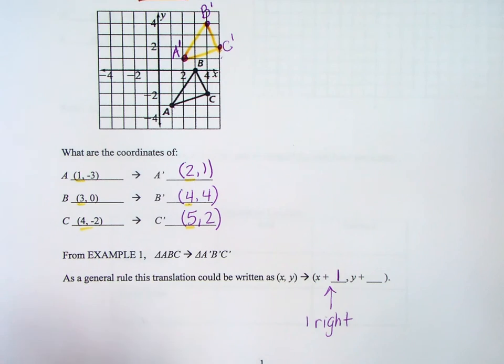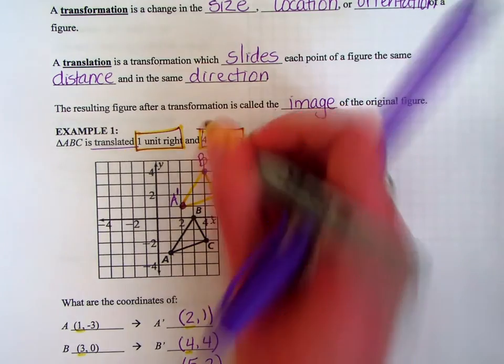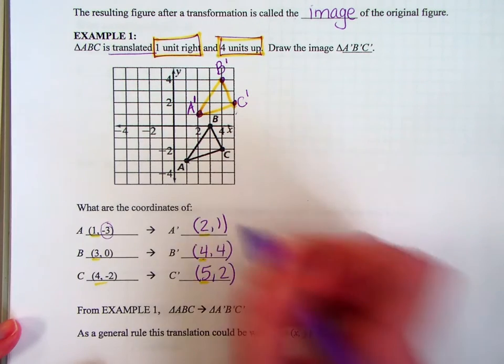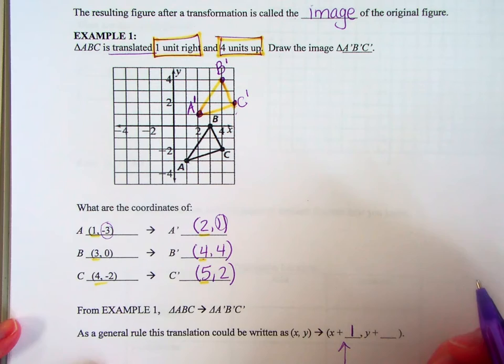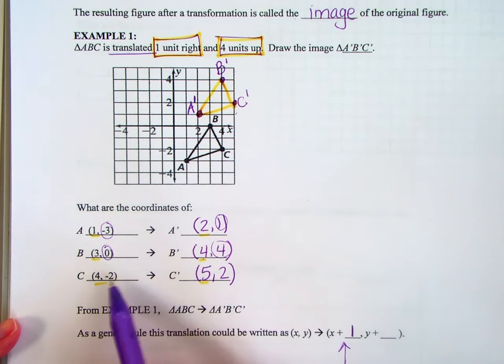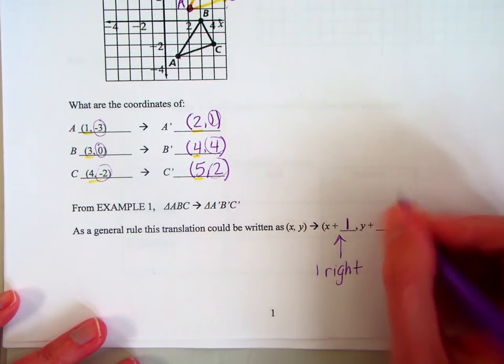Right, and then with our y values, we were going up 4. In our coordinates we can see we went from -3 to +1 for our y values, 0 to 4, -2 to +2. So it's really taking the original y value and then adding 4. And we can show that in the rule as y plus 4.